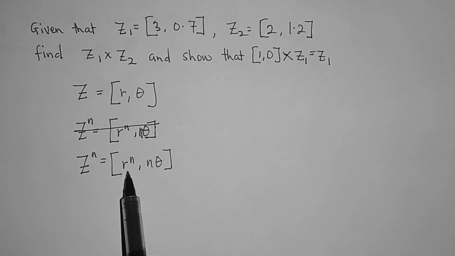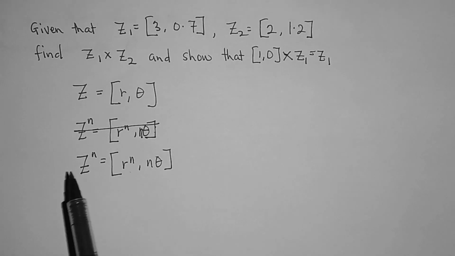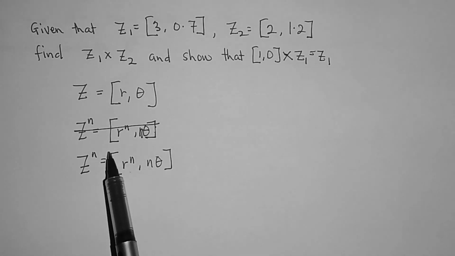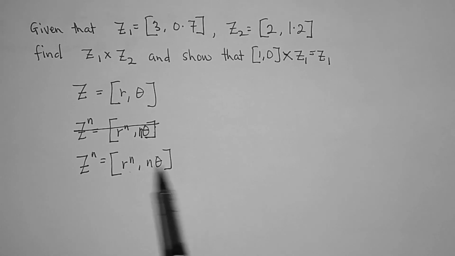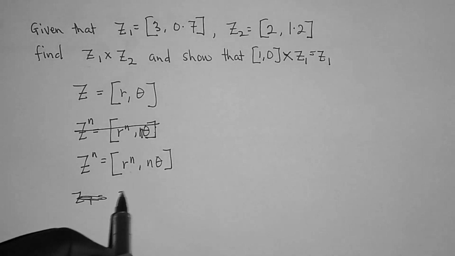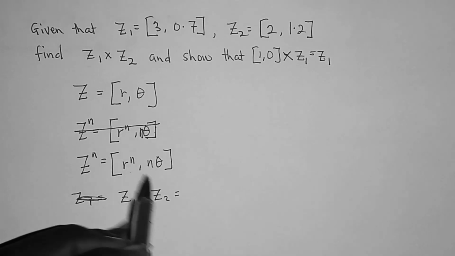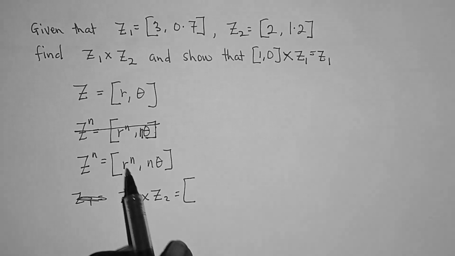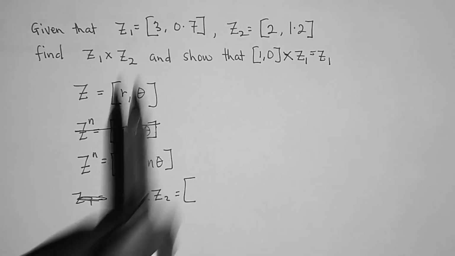So what it means is that if you are multiplying two complex numbers, multiply their radius and then add their angles. So in this case, z1 times z2 is equal to, into bracket, the first part is r exponent n, which is going to be 3 times 2.